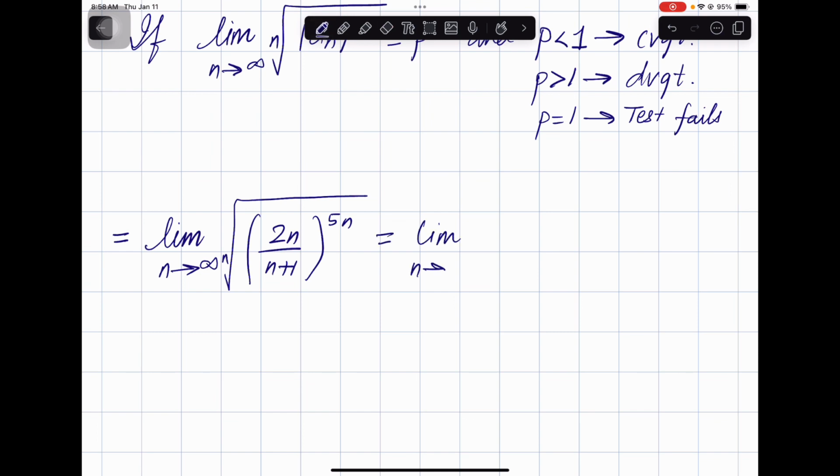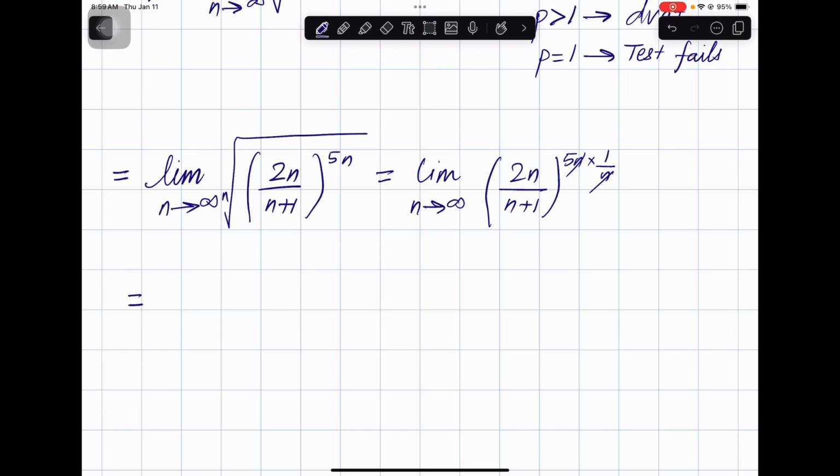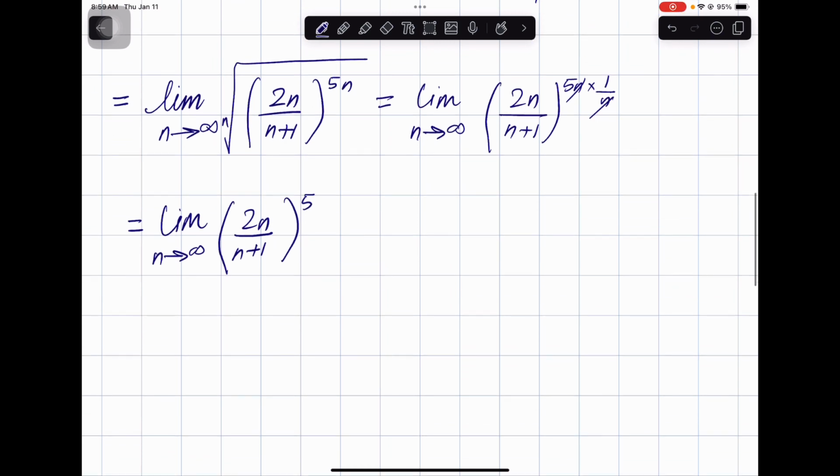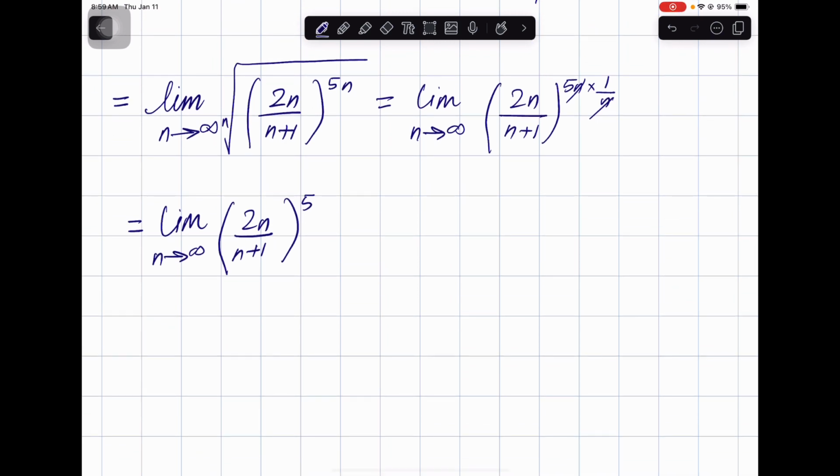Okay, so this is equal to limit n tends to infinity of 2n over n+1, to the power 5n, all to the power 1 over n. You can express the root as the power 1 over n, just like how root 3 can be written as 3 to the power 1 over 2, right? So the n over here in the exponent cancels, so you get limit n tends to infinity of 2n over n+1 to the power 5.